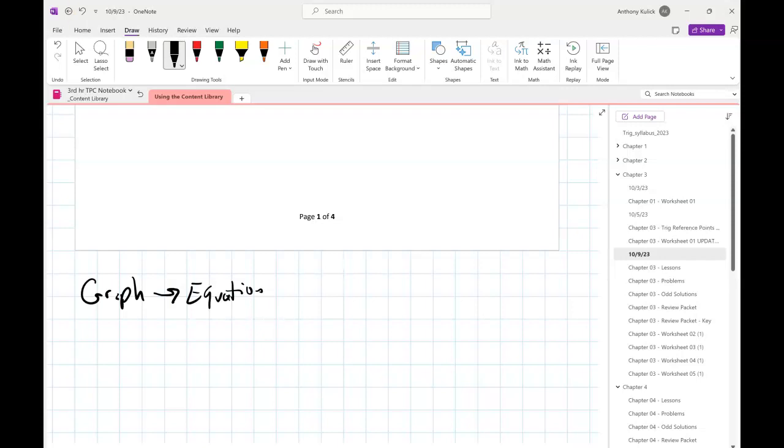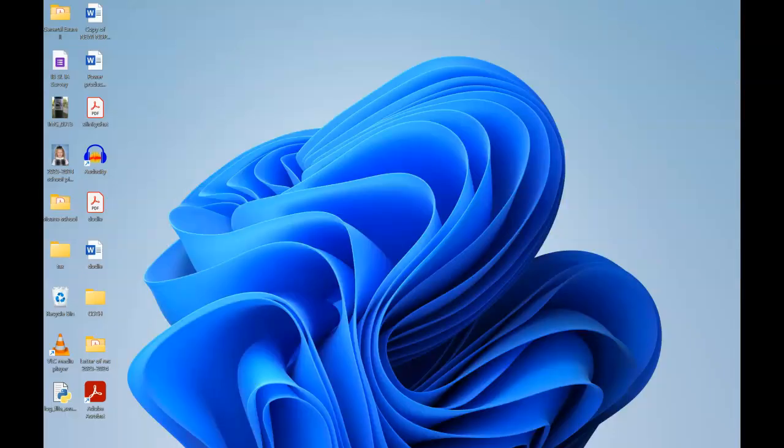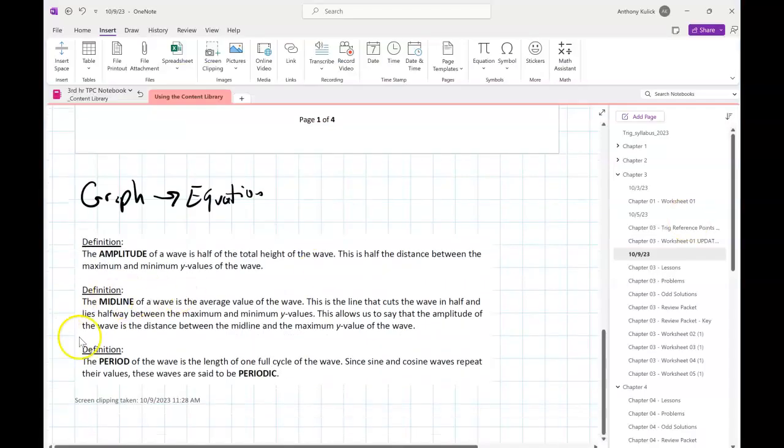So let's remind ourselves what the definitions were for amplitude, midline, and period, because these are going to be really important for us.